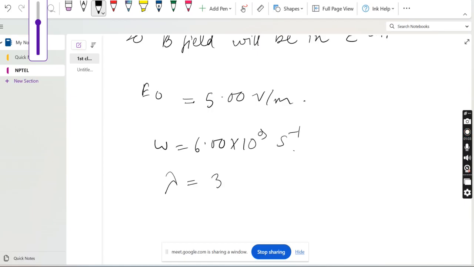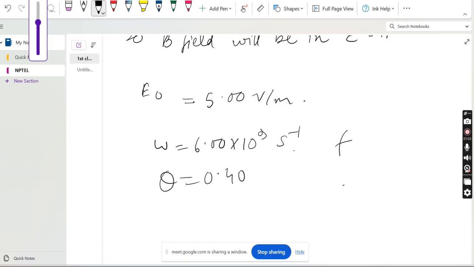Lambda is not given, we will calculate the lambda. So E naught is given, omega is given, and the initial phase is 0.40 pi.